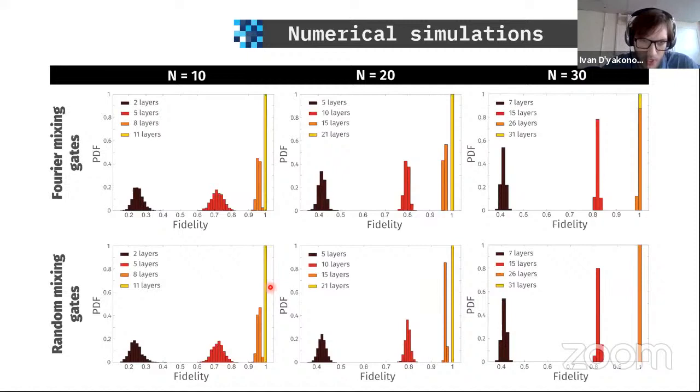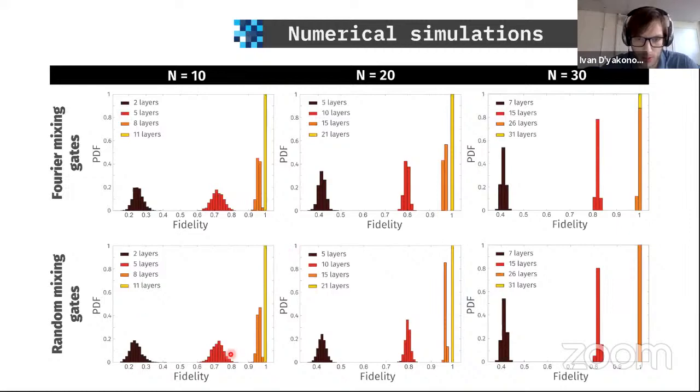So we can place not only Fourier gates in the middle of the layers, but also random mixing layers, which are really just random unitary matrices. The only requirement is that they mix the modes on the input. For example, permutation matrices won't work well because they don't really mix anything. They just relabel the inputs and outputs.